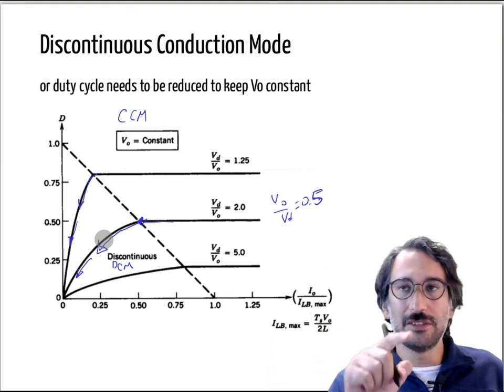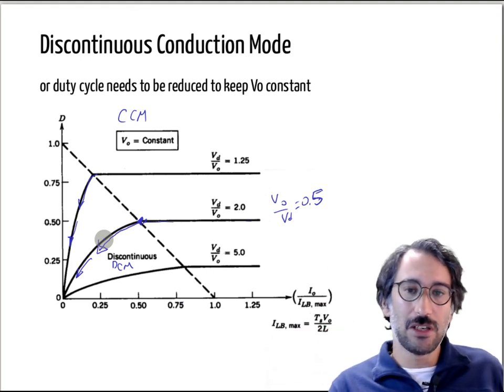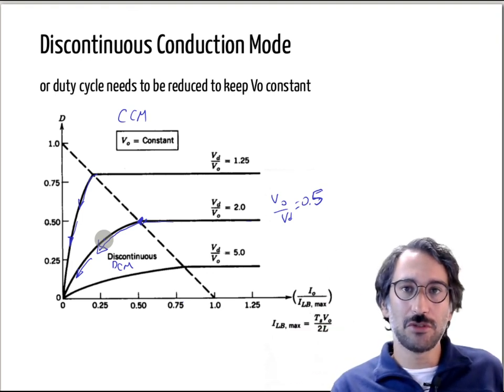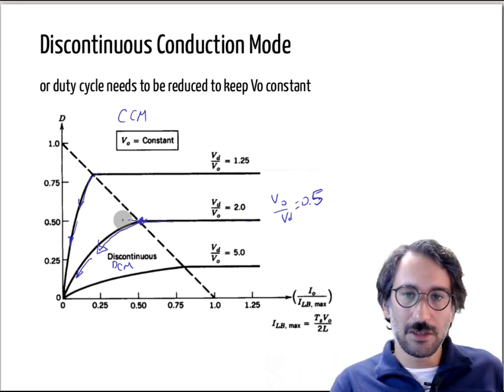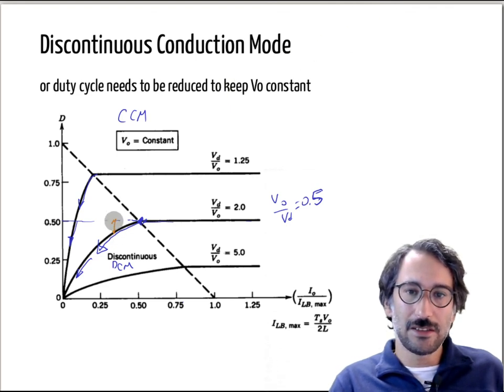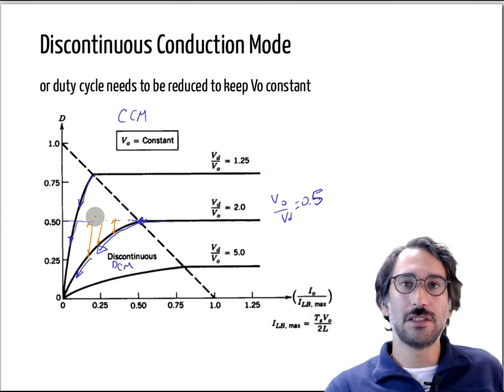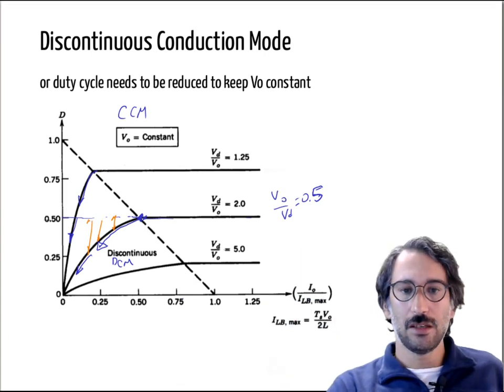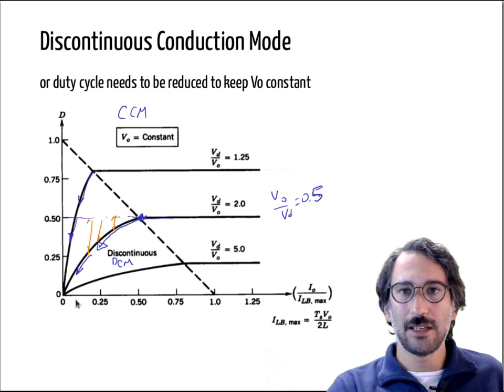Once you have the feedback loop, once you have some kind of generic controller, the controller does that automatically, because if you keep the duty cycle constant, then you will have some errors, and the error will get larger and larger, so the controller needs to reduce the duty cycle. So let's stop here, and in the next lecture we will talk about the voltage ripples.